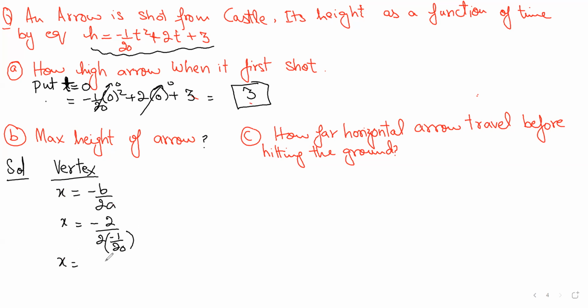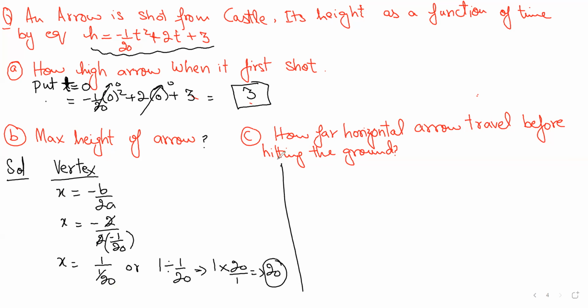So x equals, negative and negative will make it positive, and this 2 will cancel out with this 2. So it will be 1 over 1/2, or you can say 1 divided by 1/2. That will make sense as 1 times 2 over 1, because whenever the division sign changes into multiplication, we just flip the value. So it will become equal to 2. So 2 is the value here. Now to find the y value, we have to put it here.